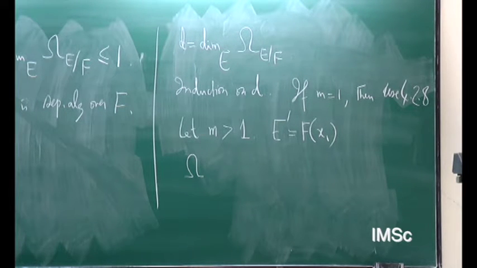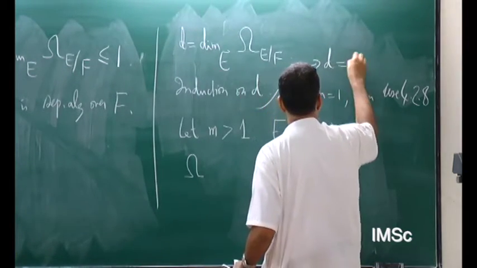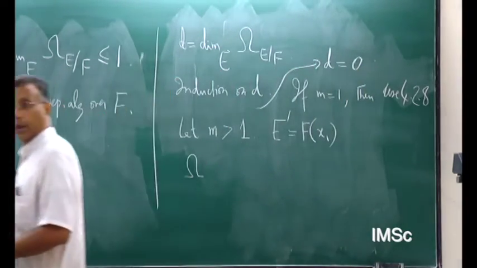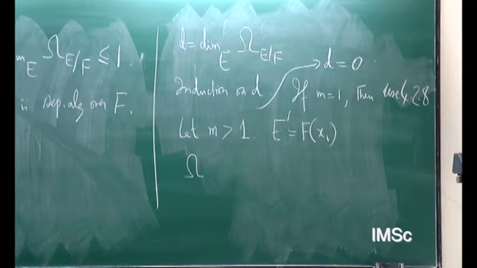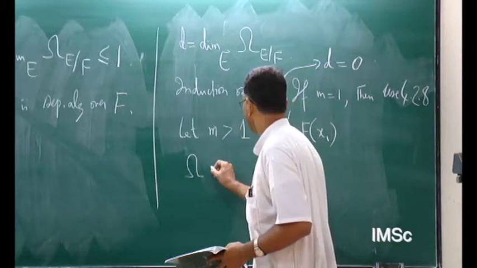Induction on D. We are in the case D equal to 0, so this is assumed to be 0.